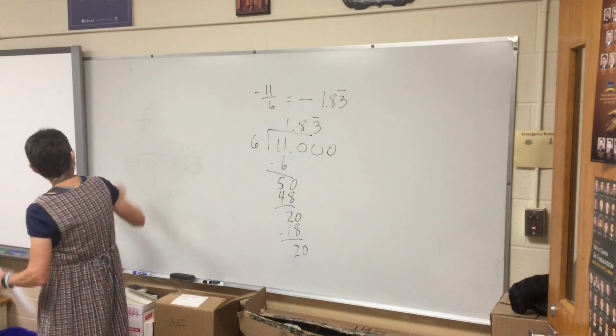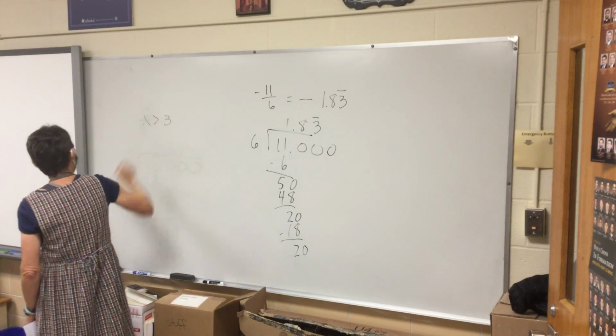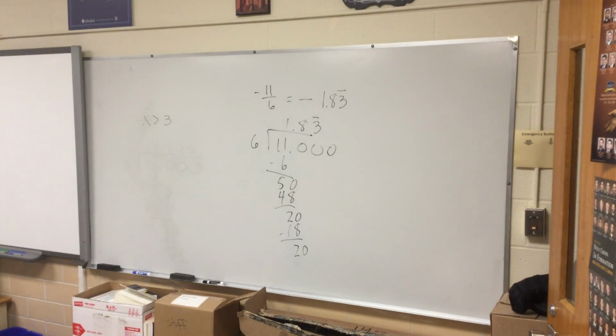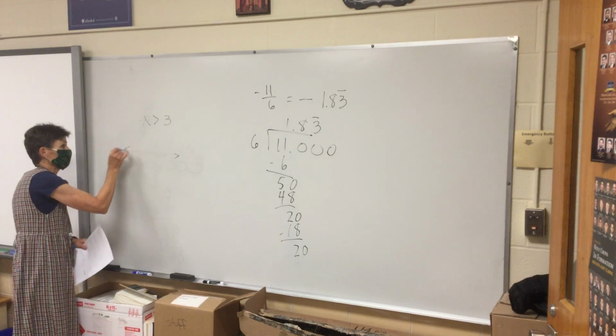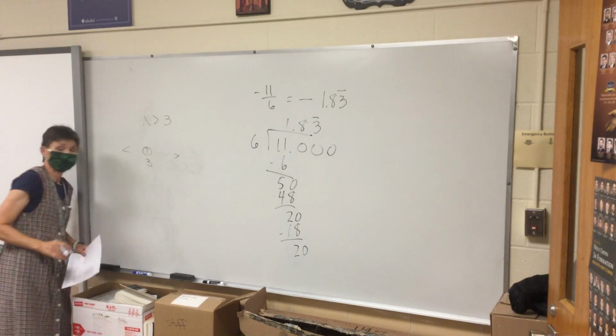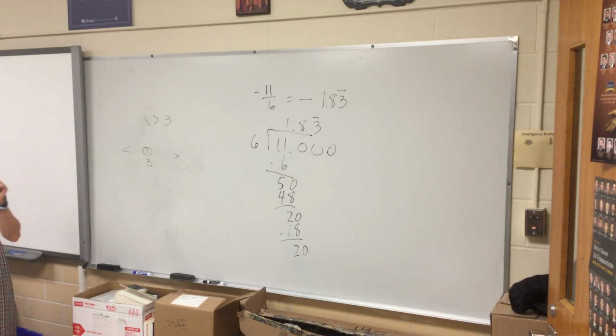Okay. So x is greater than 3. First of all, did you all recognize that's a greater than symbol? It's a greater than. What does that look like on the number line? Open circle. It's open circle. Open circle at the 3, right? And by the way, you don't have to put all the numbers on the number line.